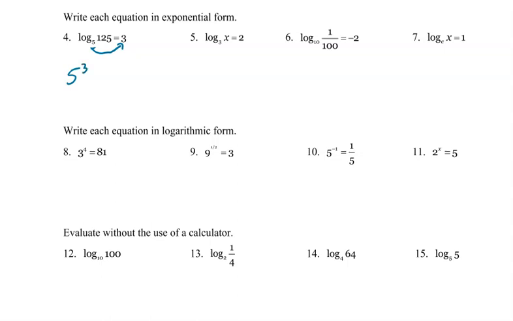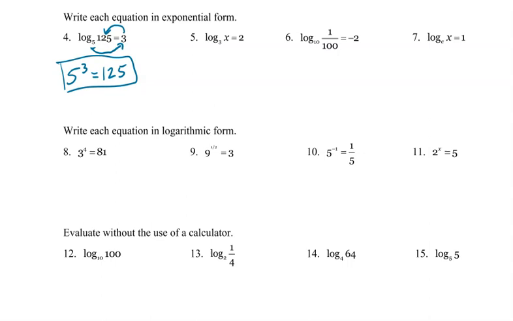So in this case, our exponent is going to be 3. Then we put it equals, and we come back around to see what is inside of the log. Whatever's inside of the log is going to be our answer. All right, let's look at another one.